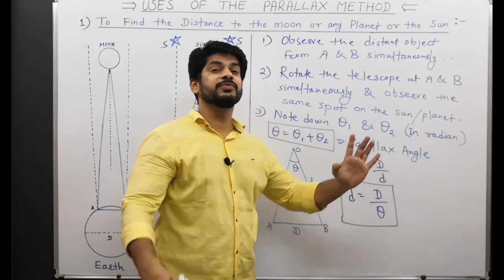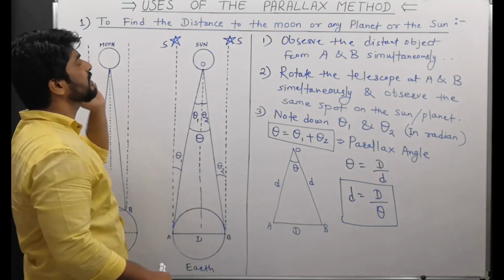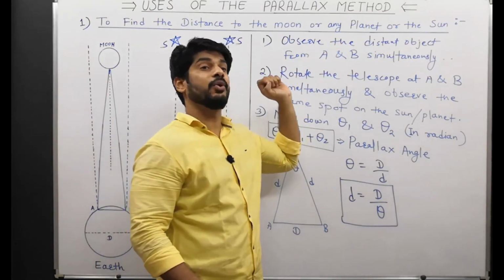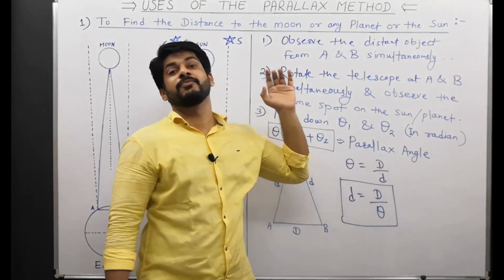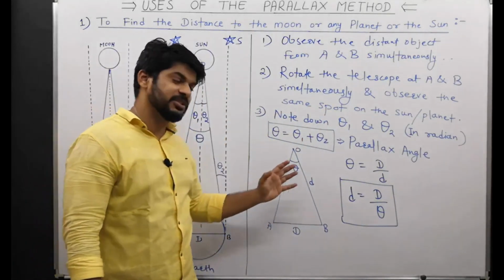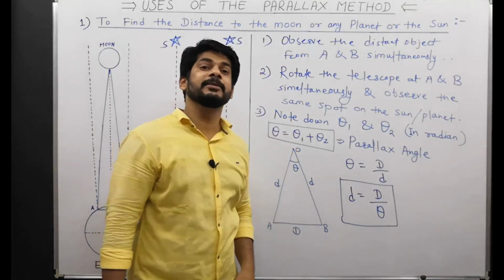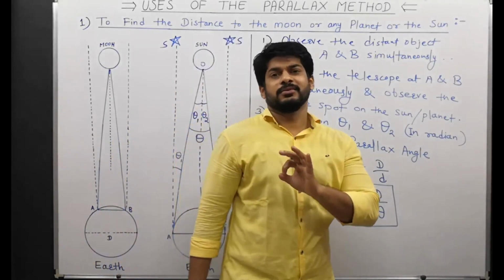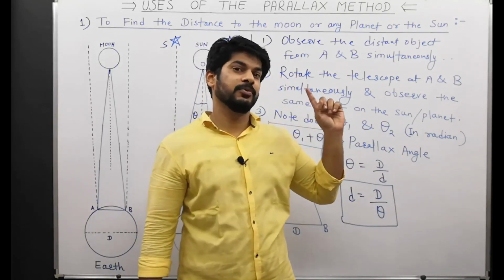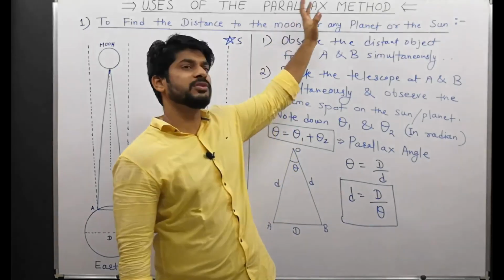So in this way, we have been able to find out the distance to the moon, or to a planet, or to the sun from our earth. I hope this procedure is pretty clear. I have talked about each and every detail which people consider while working on this theory or on this experiment.